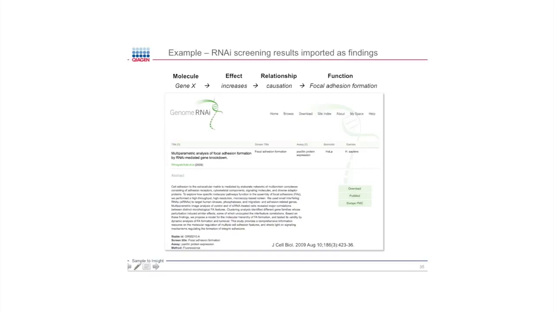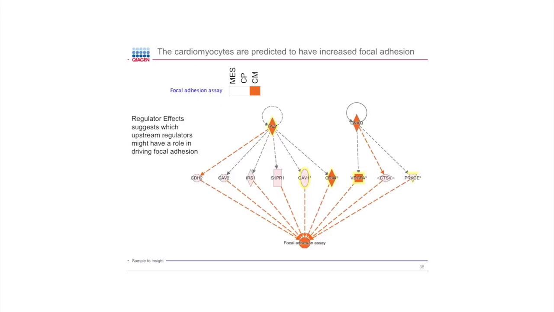So we took this data from this database and loaded it into IPA as my findings, and then scored or ran the analysis again, and this is that same comparison analysis. What you see is that at the final time point, this focal adhesion assay is predicted to be increased. And then everything just works as it should.